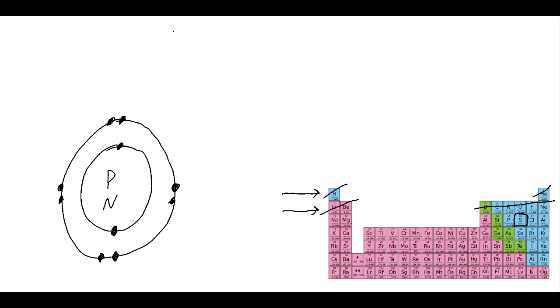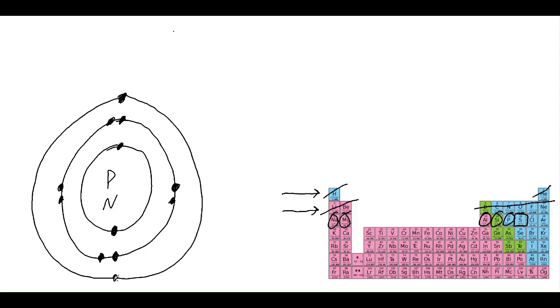And then within the third shell, we have 1, 2, 3, 4, 5, 6 electrons. Overall, we have 16 electrons.